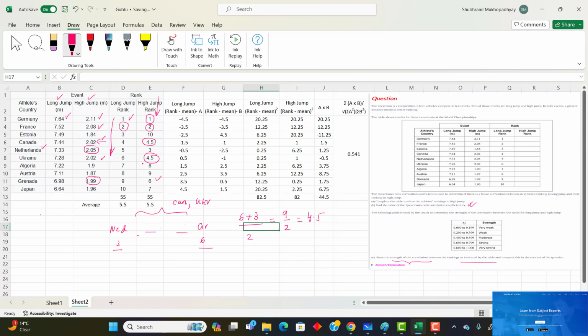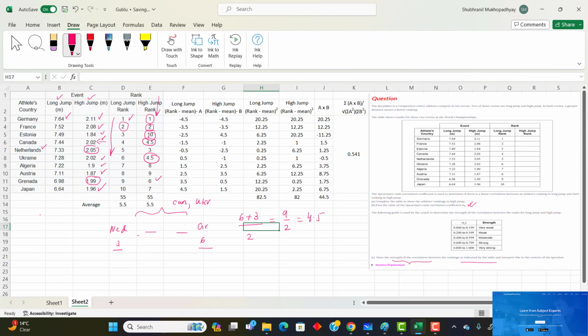Now once we are done with the sixth position, Japan comes in the seventh position with a performance of 1.96. Algeria with 1.9 comes at the eighth position, and Australia and Estonia follow. Estonia with the lowest score of 1.84 is on the 10th place.